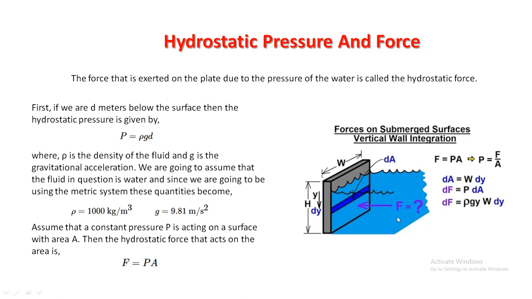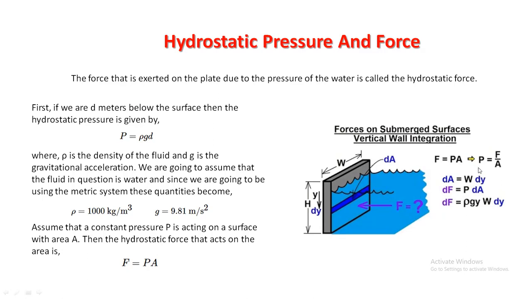This hydrostatic force, which is unknown, is the product of the pressure and the area. Working out from this equation, another equation determines the pressure given the force: you keep the pressure on this side and divide by A, so pressure is equal to the force divided by the area.